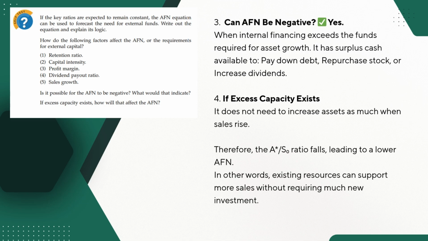For example, during the pandemic, many manufacturers were operating at 60 to 70% capacity, and when the demand recovered in 2023 or around 2024, they were able to raise sales significantly without buying new machines. So their A star over S0 ratio fell and their AFN was lower.